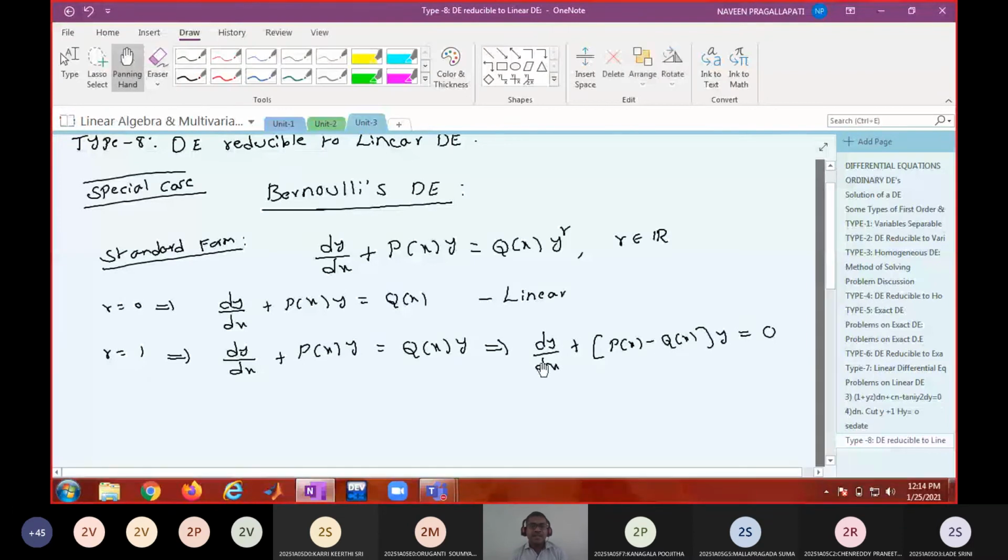Is it not a standard form of the first order linear differential equation? Degree of the dependent variable is 1, its derivative is 1. No term containing product of dependent variable and its derivatives, and dy by dx coefficient is 1. Therefore, this is a linear differential equation. Do you agree or not?